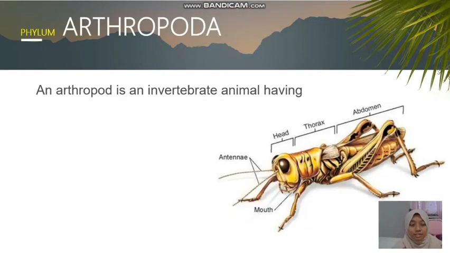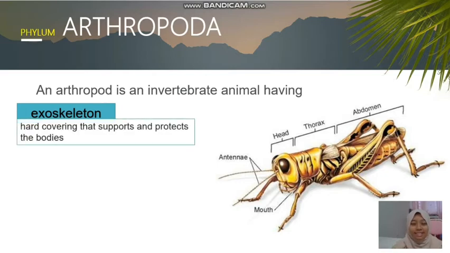First, phylum Arthropoda. Arthropoda is the group of animals without a backbone. Since they are fragile, Allah created the exoskeleton. The exoskeleton is like a hard skin that covers the body.